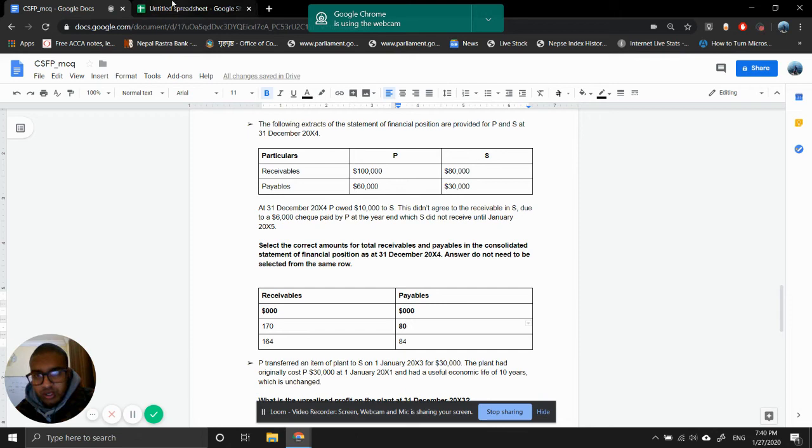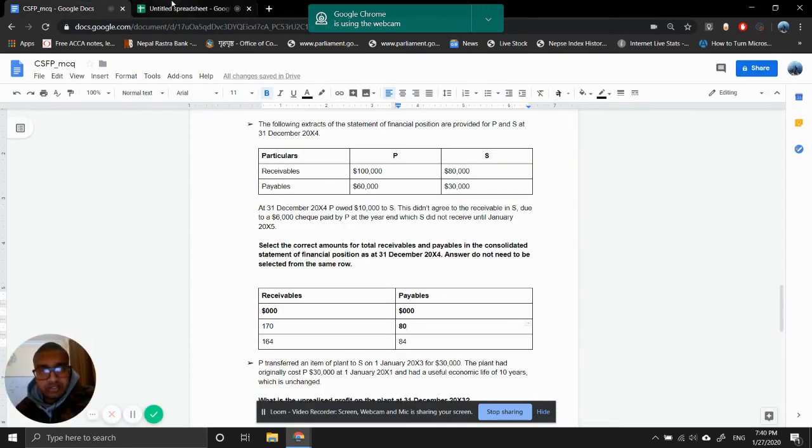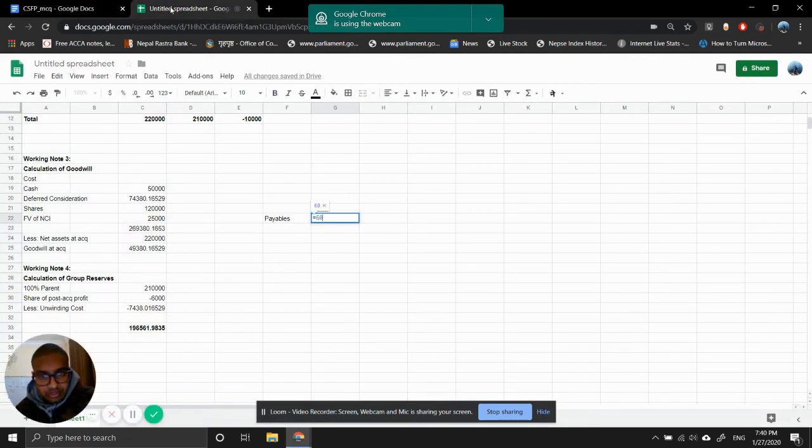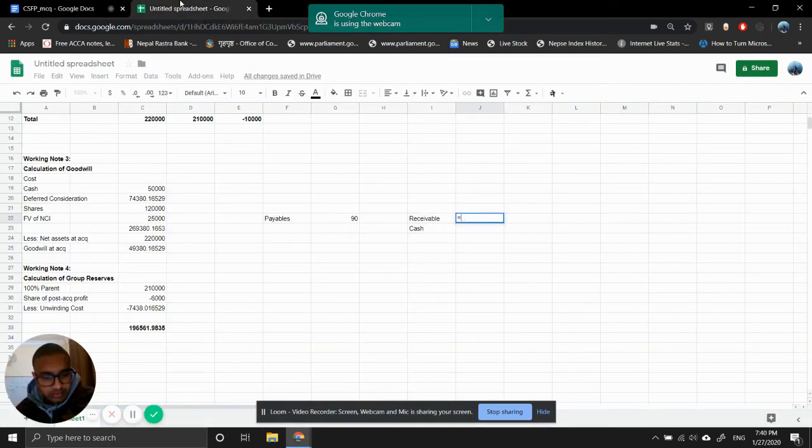And then after that, what would normally happen, I'll just show it to you so that it's easier. Payables, right? So payables is 60 plus 30, and then after that receivables, and then you have your cash, right? So what you would normally do is receivables is 100 plus 80.